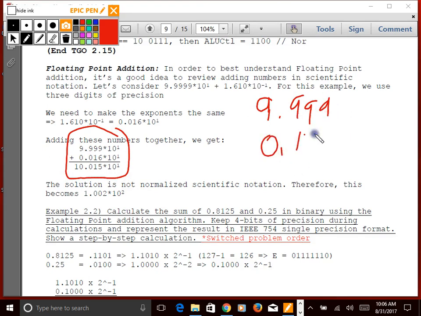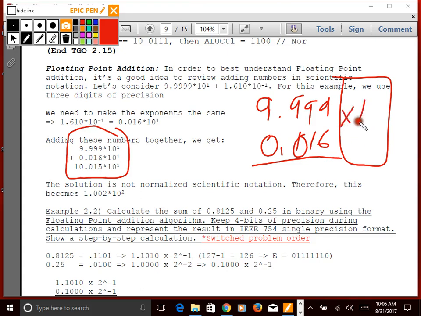If you're doing that in school, you know there's something that we're not accounting for over here. You just knew that this is basically 10 to the 0. In this case, it's 10 to the 1.